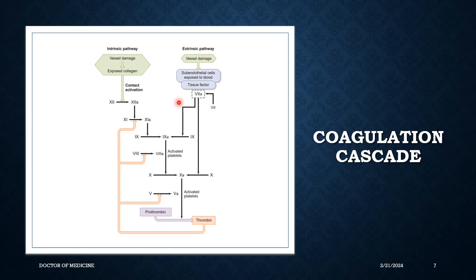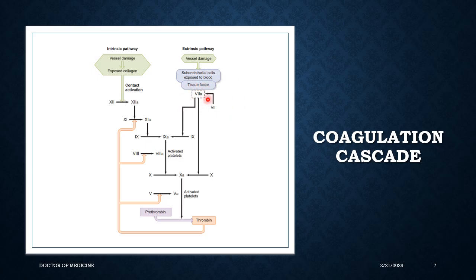So cells like fibroblasts and other cells outside of your blood circulation. So when the blood comes into contact with these cells, thromboplastin is released. So that's our factor 3. Thromboplastin will convert factor 7 into activated factor 7A.